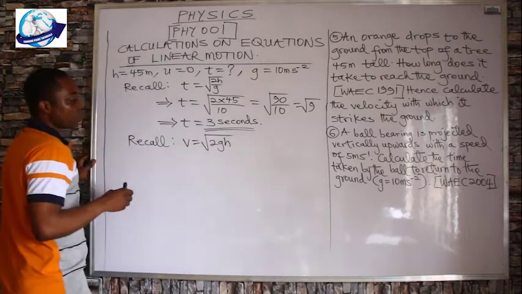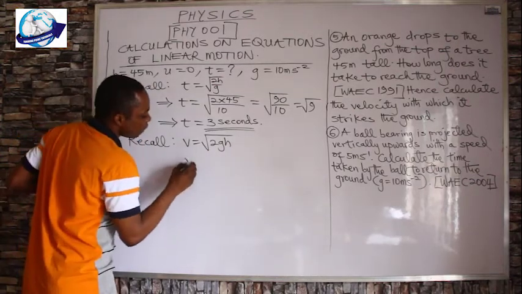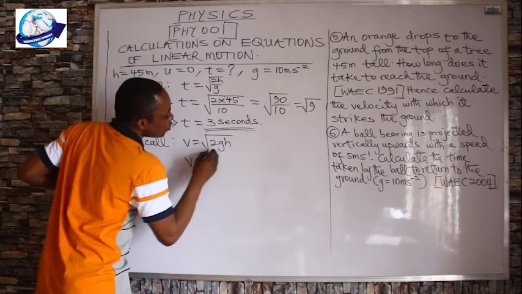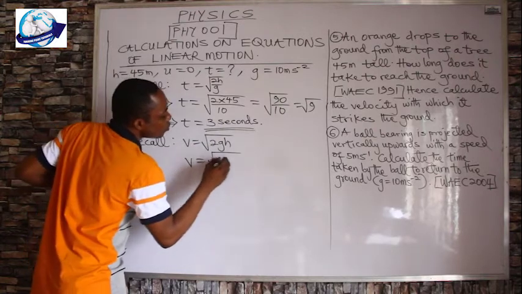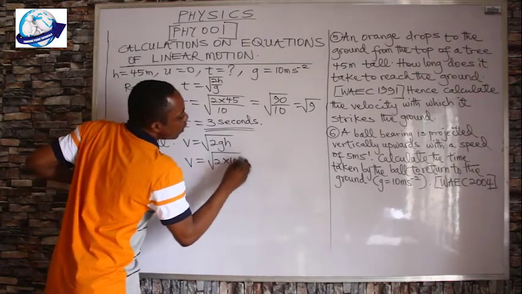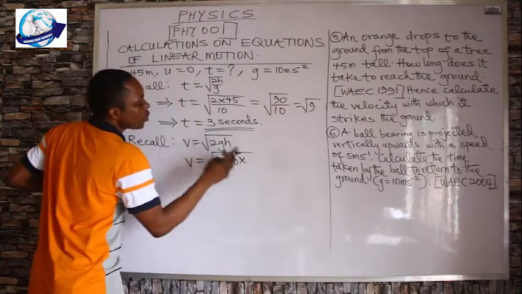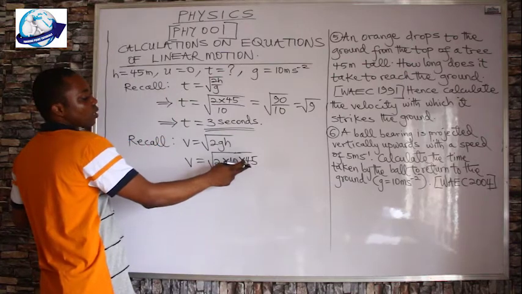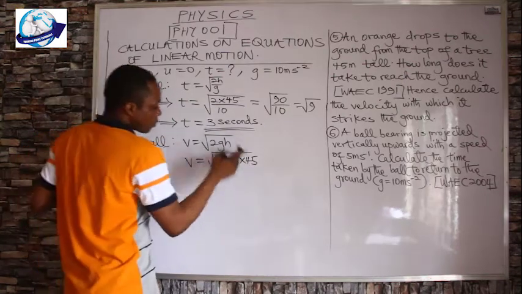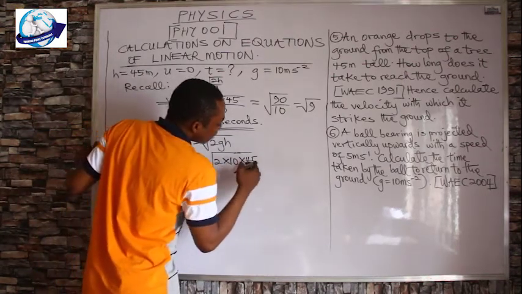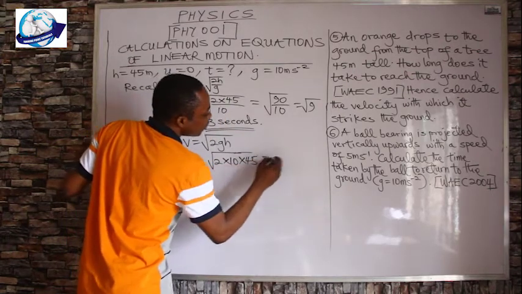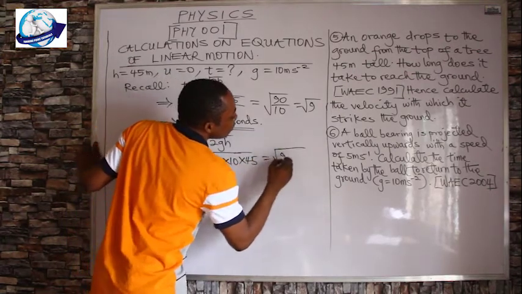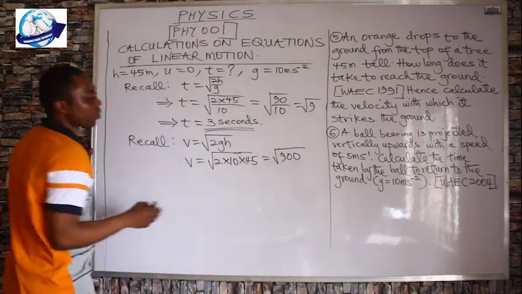Very quickly, we can now fix everything in. v is equal to the square root of 2, g is 10, and h is 45. Now 2 times 45 gives me 90. 90 times 10, that's 900. Square root of 900.